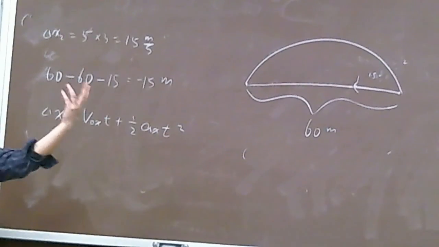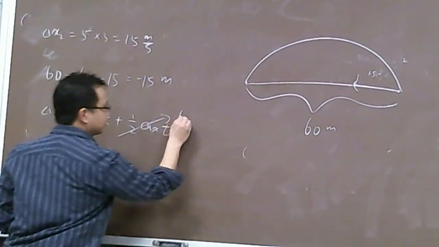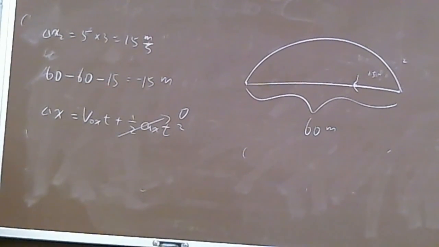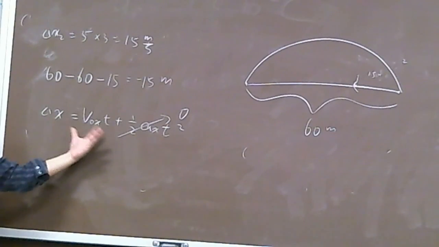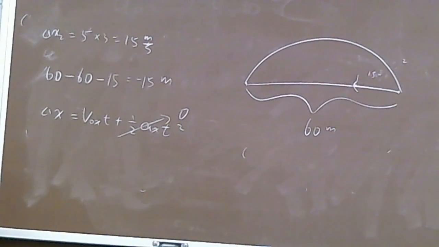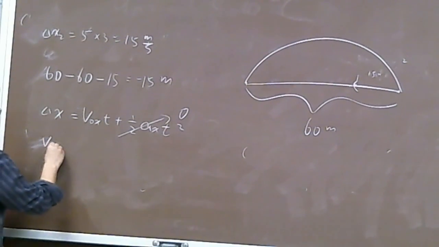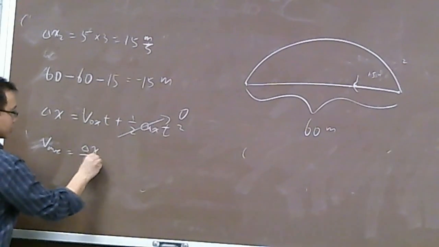The person is running with constant velocity, so the second term goes away. So you get delta x equals the time multiplied by the velocity. Or from the average velocity, average velocity equals delta x over delta t.